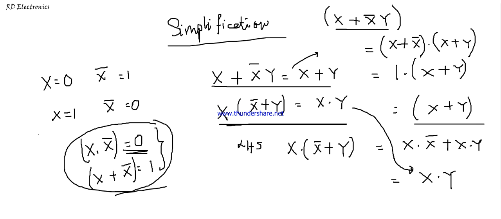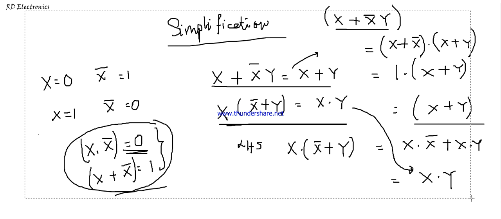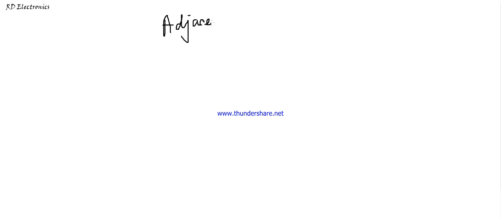Okay, next theorem is known as adjacency theorem. So what is that? Two variables, x dot y plus x dot y bar.